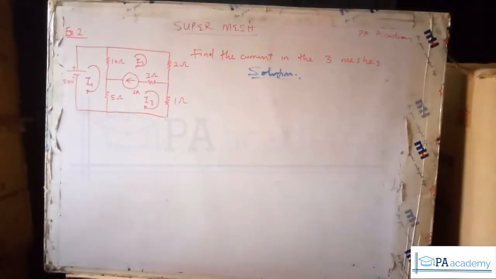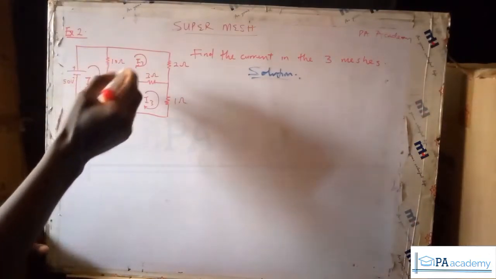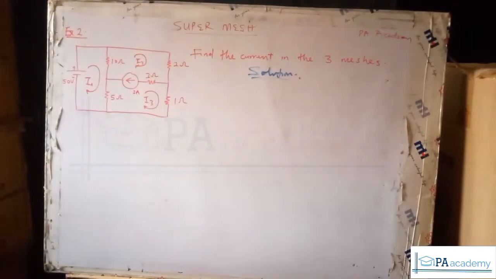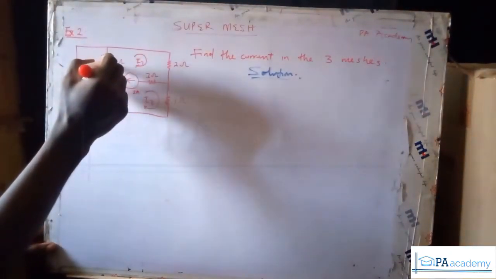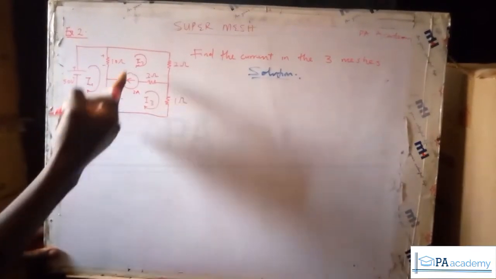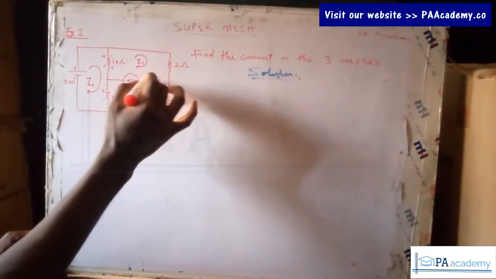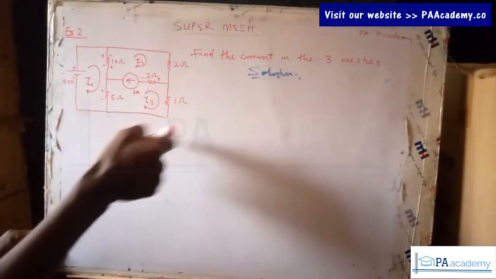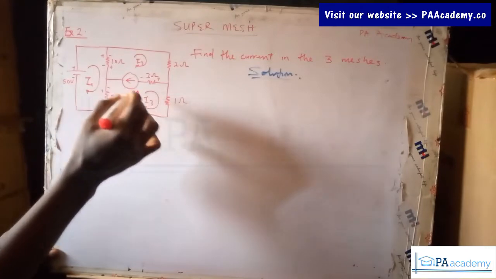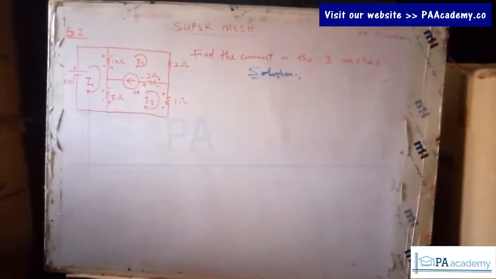Based on the direction of the currents, let's pick our polarities for all the resistors we have here. For this 10 ohm resistor, because of I1, this is going to be plus and minus. Because of I2, this is going to be plus, minus. This will be plus and minus. And because of I3, for this 5 ohm, this will be plus and minus.